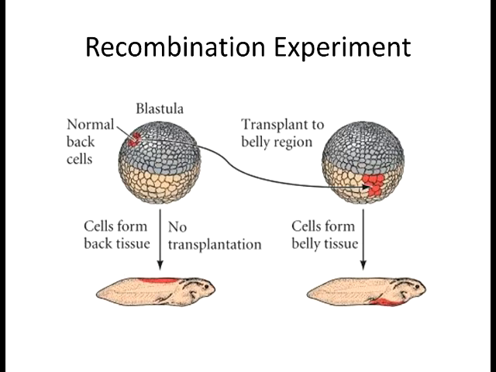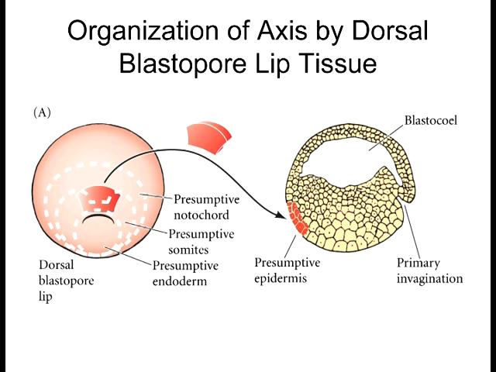Now, we'll learn later on that after a certain point, when you take cells and you move them over, that's not always the case. In fact, I'm going to jump ahead real quick to lecture 6 just to show you an example of that. Here's the same thing, where we're recombining cells from one part of the frog embryo and putting it into another, but this is much later in the game, so to speak. And guess what happens?